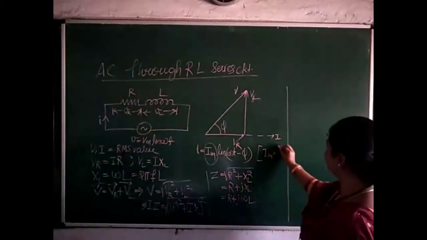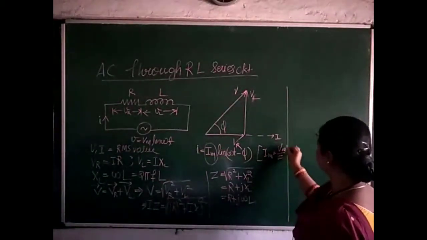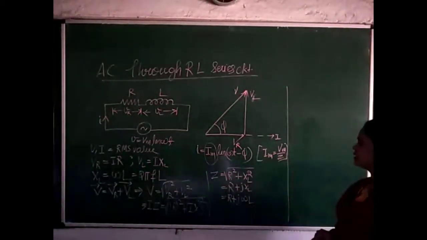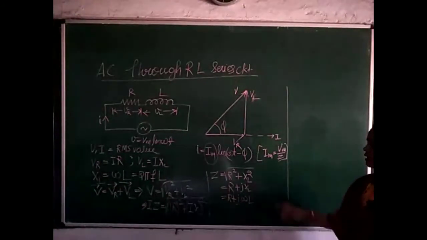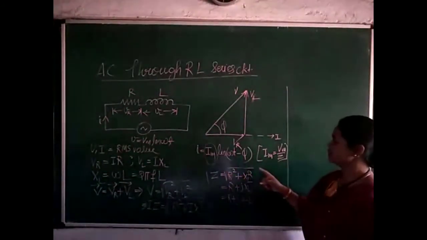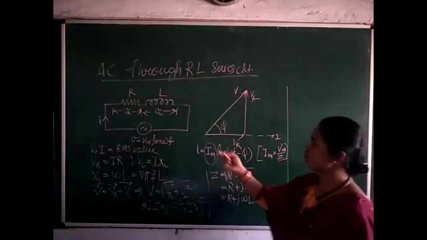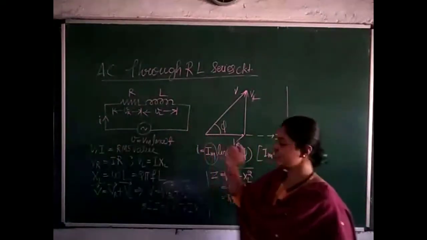Im is equal to Vm by Z, maximum value of voltage by the total impedance. This impedance equation represents the total impedance of this RL series circuit.